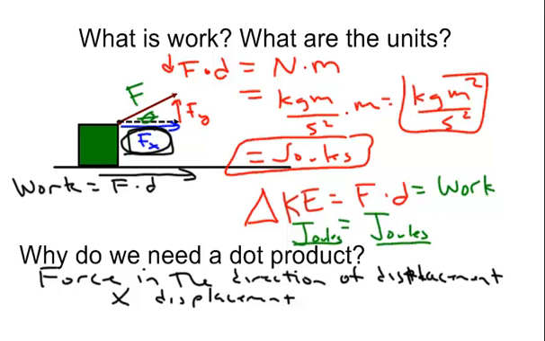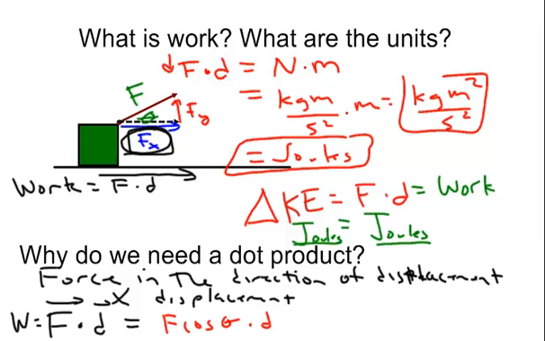Work is force that's in the direction of the displacement multiplied by the displacement. That is the dot product, and that's why we were studying dot products a while ago. And just as a reminder, what that dot product equals is F cos theta times d. That's the magnitude of it. And remember that work is a scalar, so the magnitude of work is the same as the scalar of work.